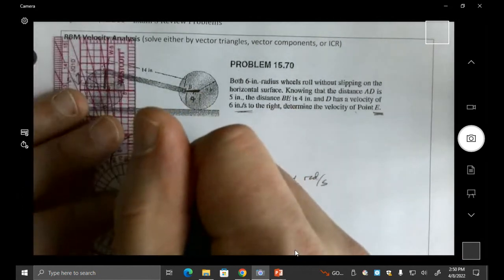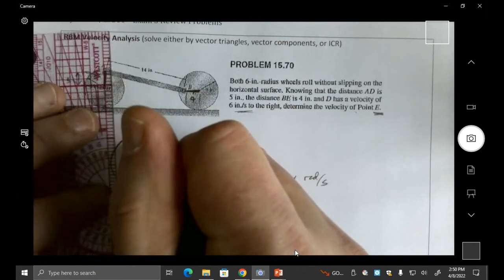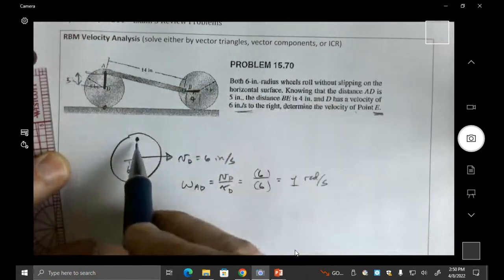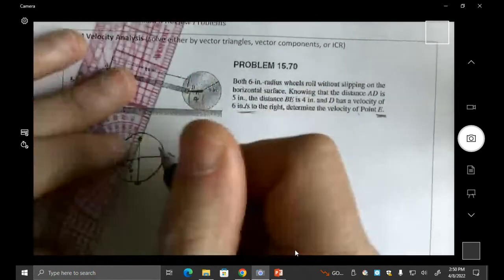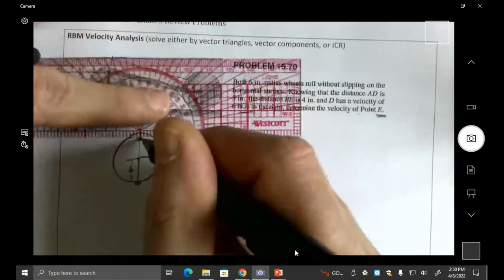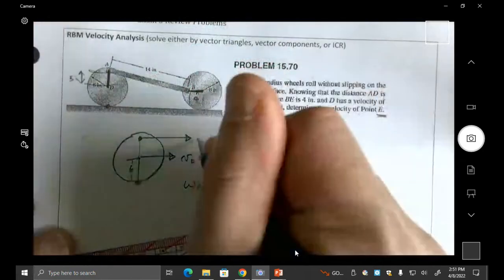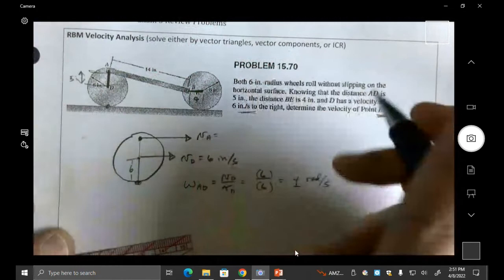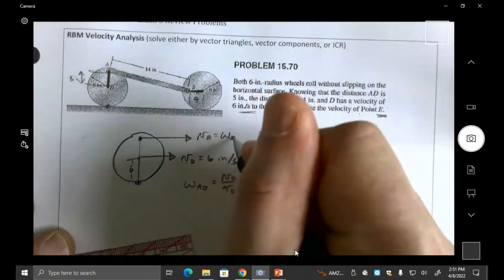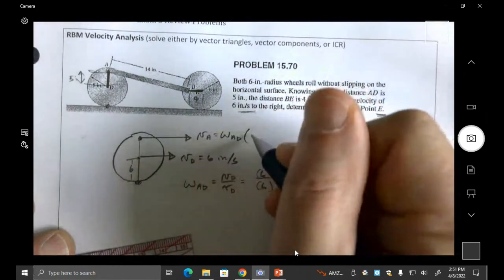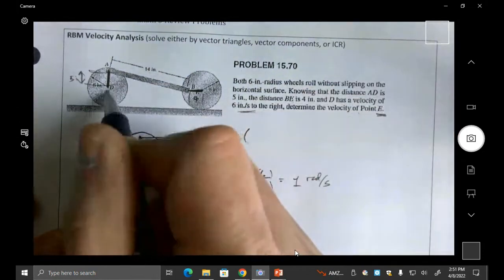And then we look up to here, this is point A right there. We could see VA is going to be the omega AD times 5 plus 6, right?